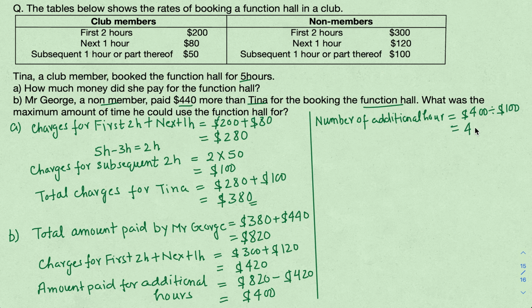So basically he will get an additional 4 hours. Now, what is the maximum amount of time he could use the hall? We know that he has already paid 420 for the first 3 hours, and then he paid another $400 for another 4 hours.